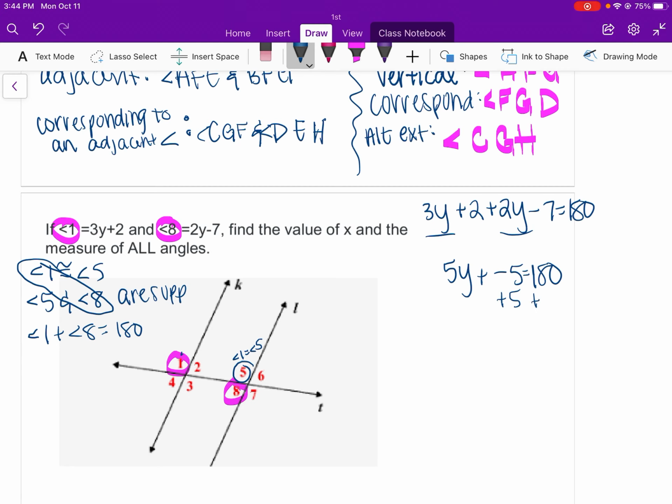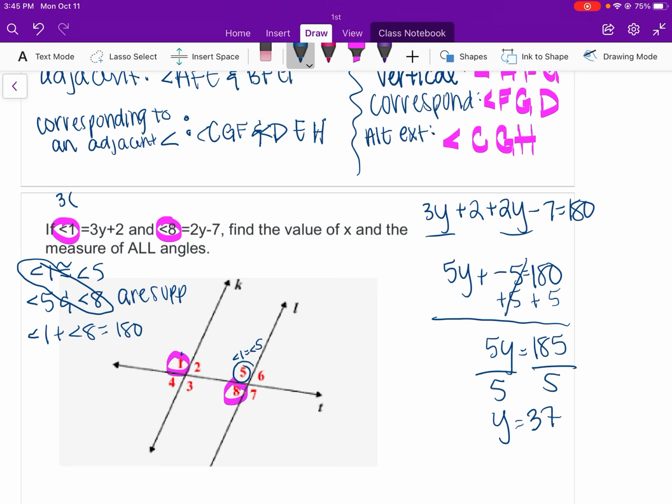Now we add 5 to both sides, that cancels out, and I get 5y equals 185. Since these are being multiplied, I divide both sides by 5, so 185 divided by 5 gives me y equals 37.